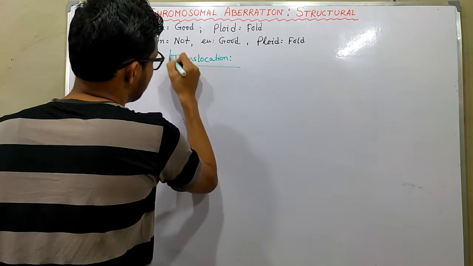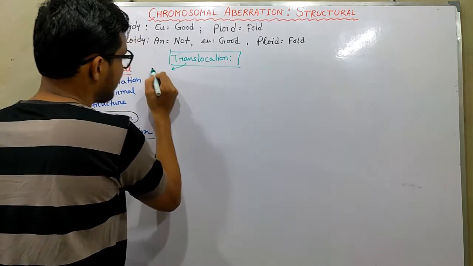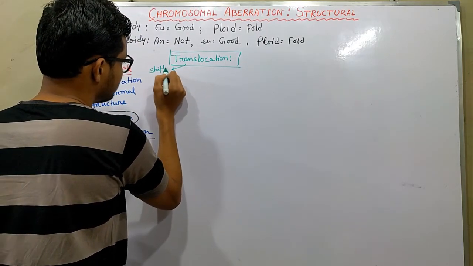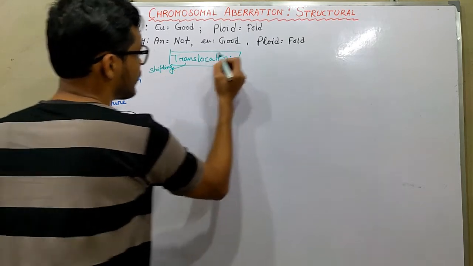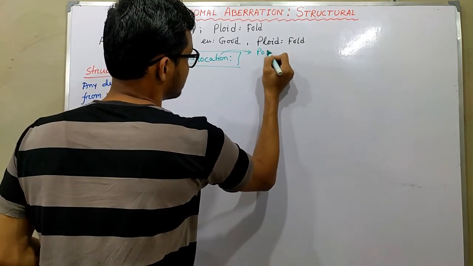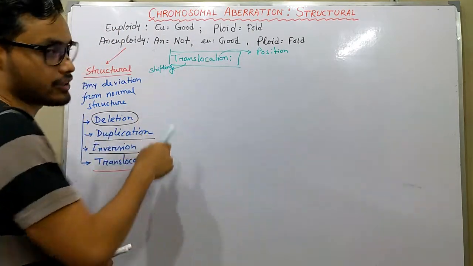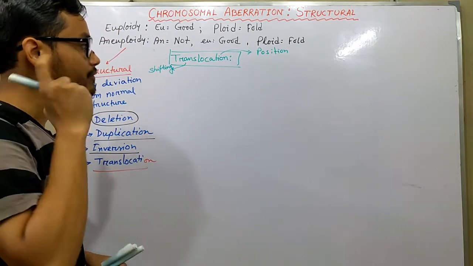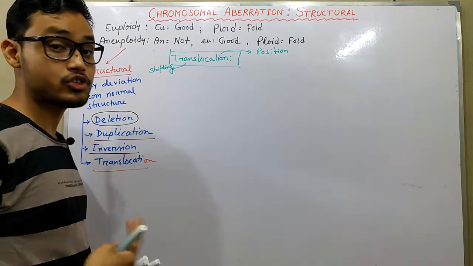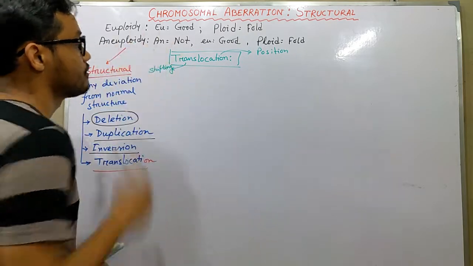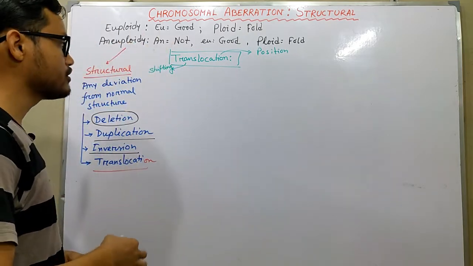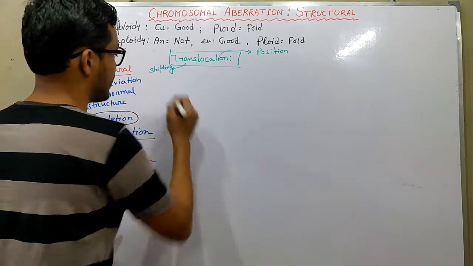Trans means shifting, location means position. So the shifting of a certain segment of a chromosome from one position to another position is known as translocation. Translocation is subdivided into three major categories.